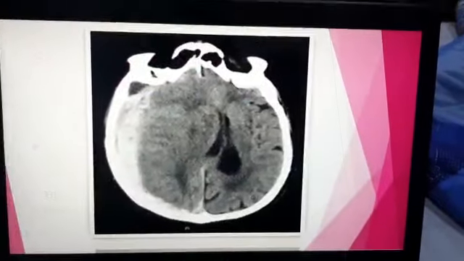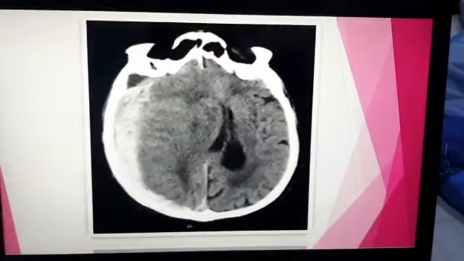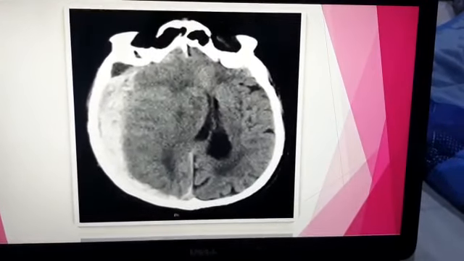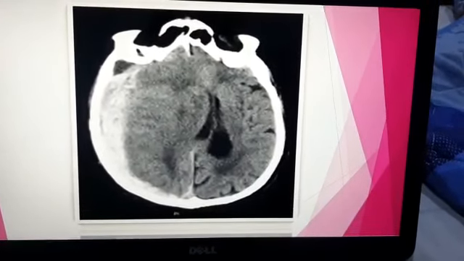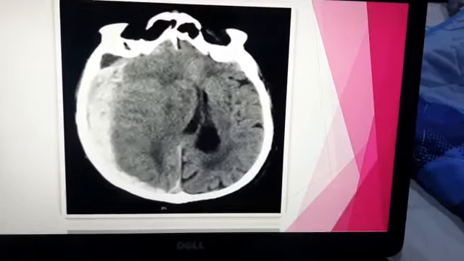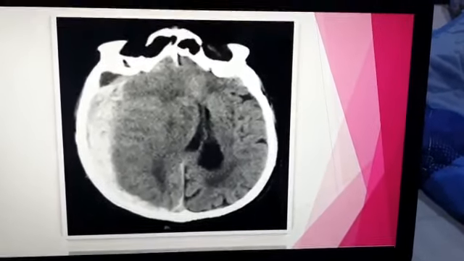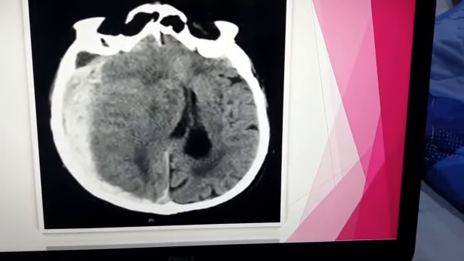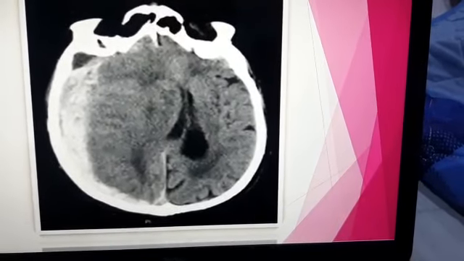Now, this is the picture showing the subdural hemorrhage. Axial CT scan of the brain showing a crescent-shaped hyperdense area in the lateral parietal region, associated with compression of the adjacent parenchyma, and the ipsilateral ventricle is shifted to the opposite side.